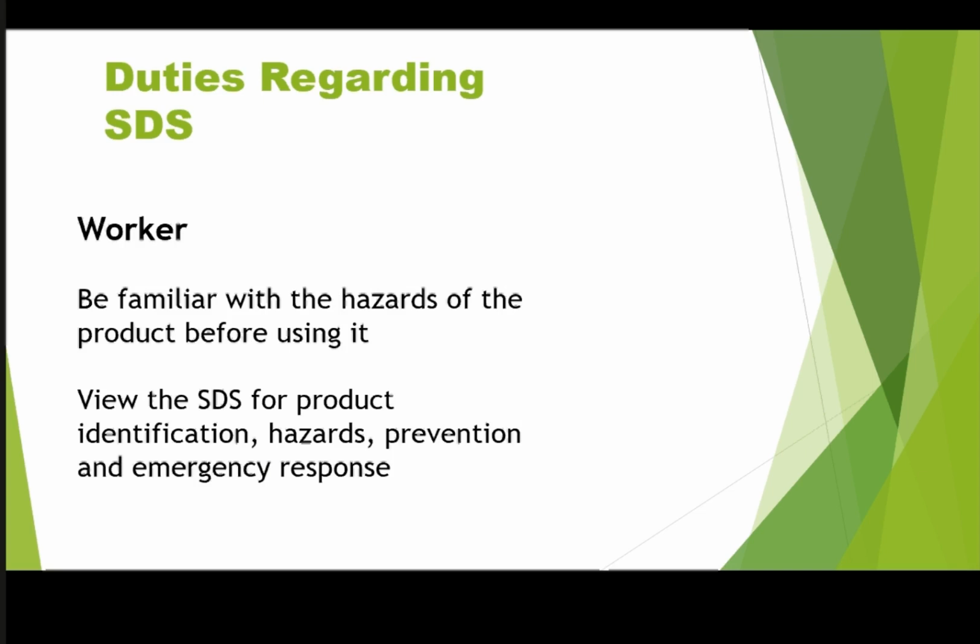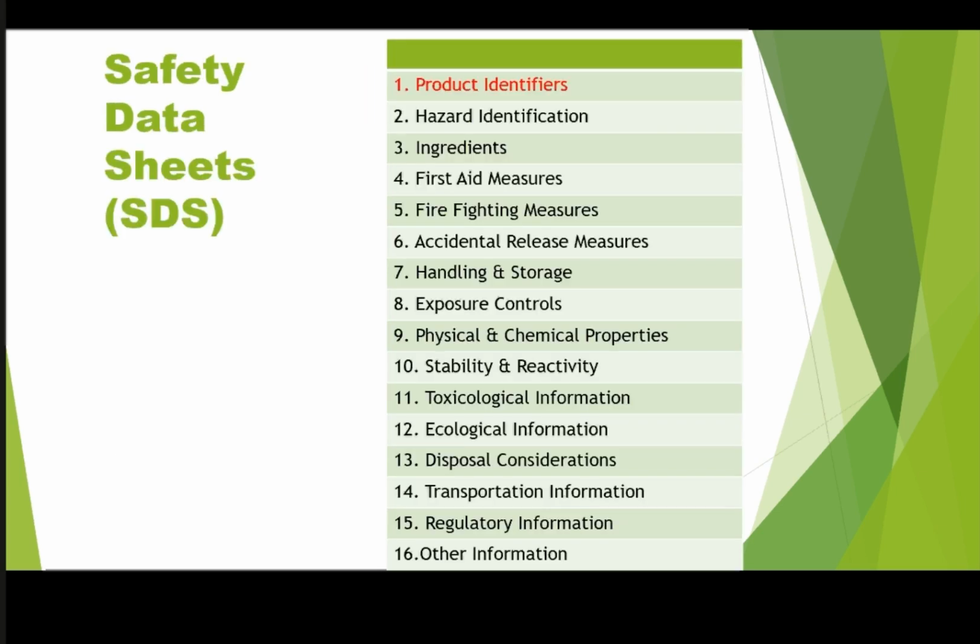A worker has to be familiar with the hazards of a product before being exposed to it, before using it. If you're not sure what it is you're being asked to deal with, have a look at the safety data sheet for product identification, the hazards that it poses, and prevention and emergency response.